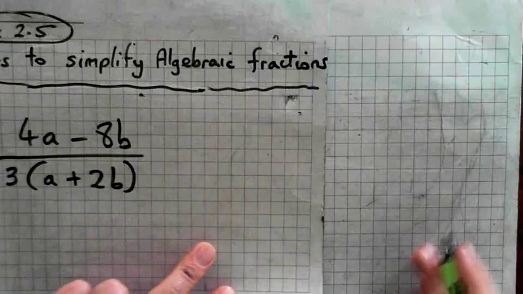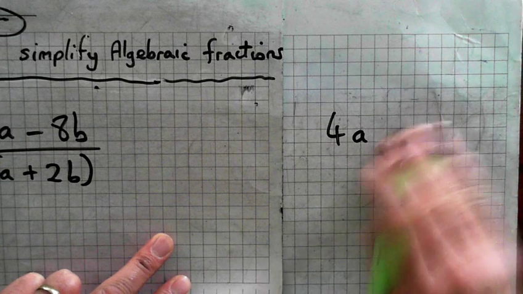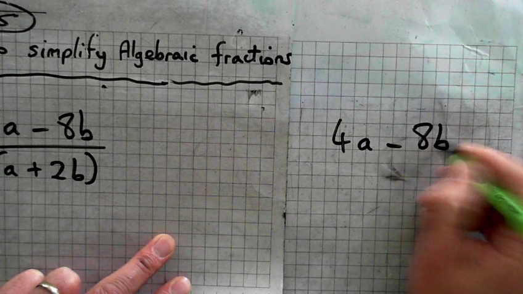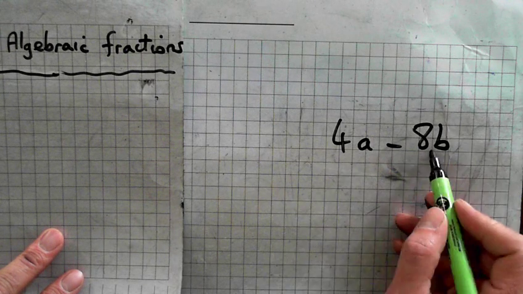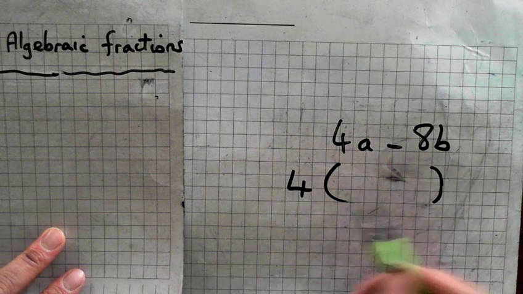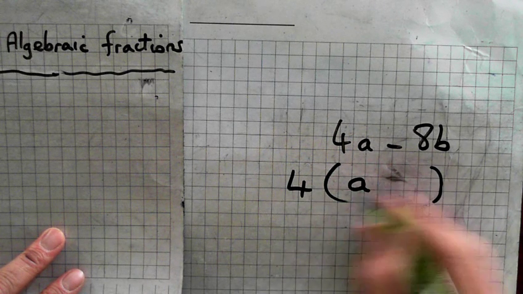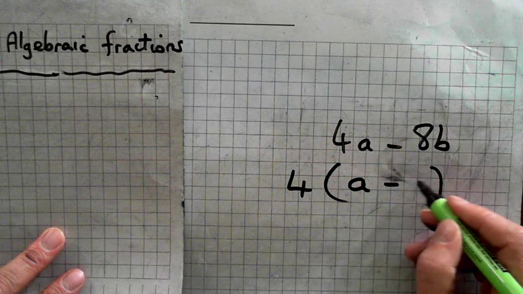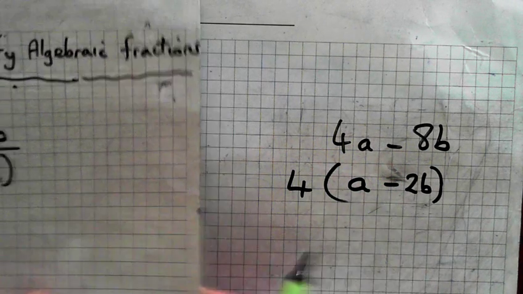We'll do it on a piece of rough work. So 4a minus 8b. What divides into 4 and 8? Two. Bigger number? 4. 4 times what is 4a? a. Minus 2b. 4 bracket a minus 2b.